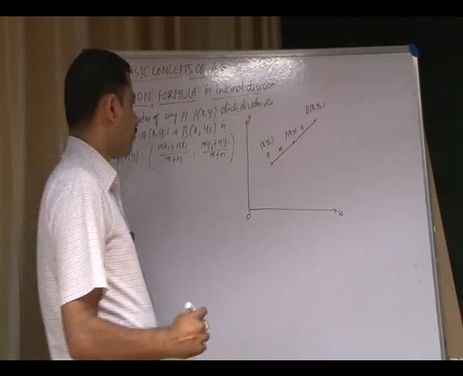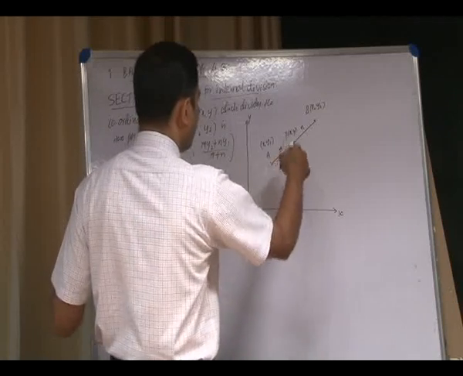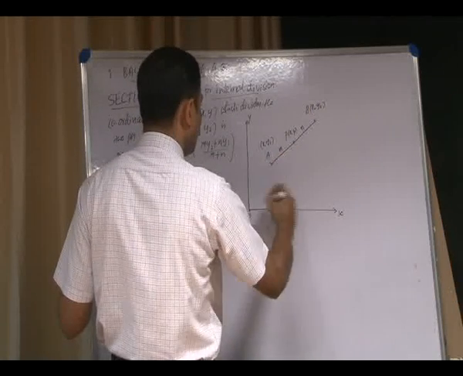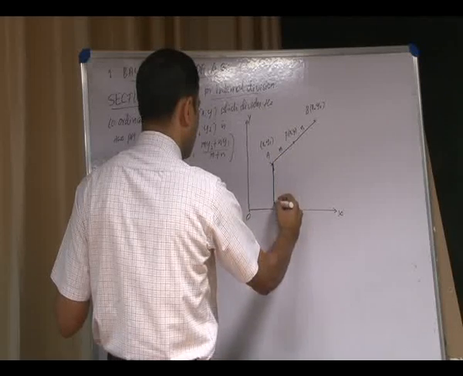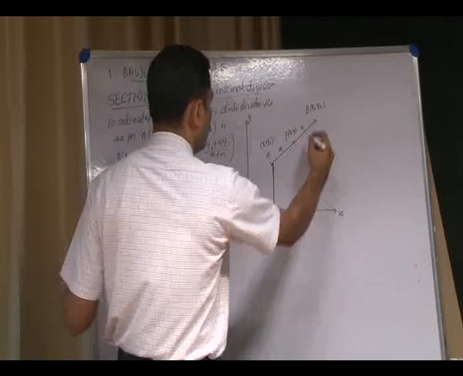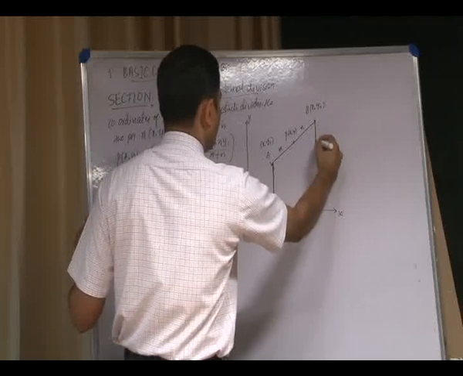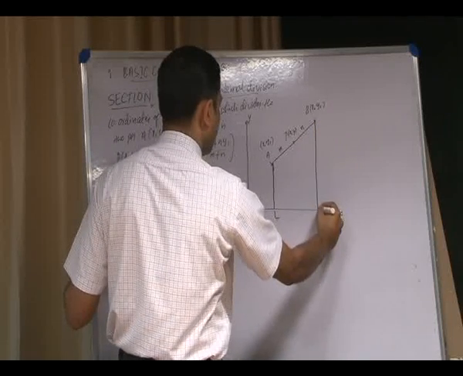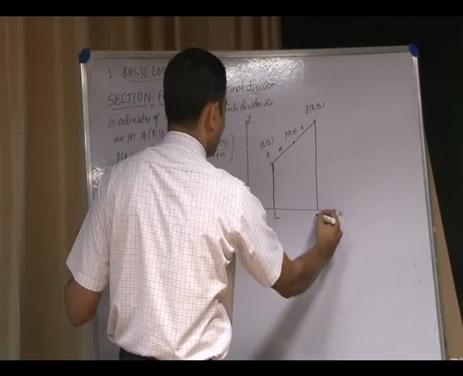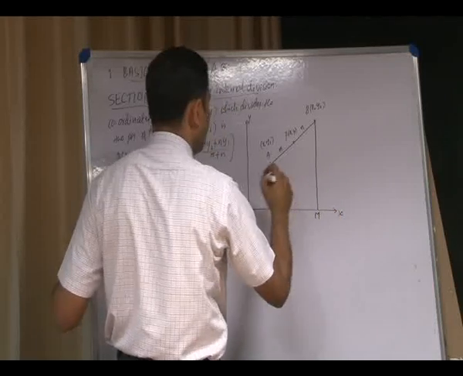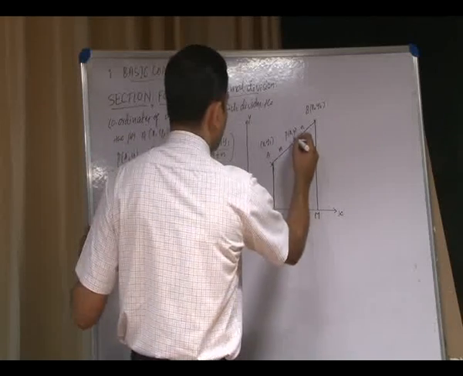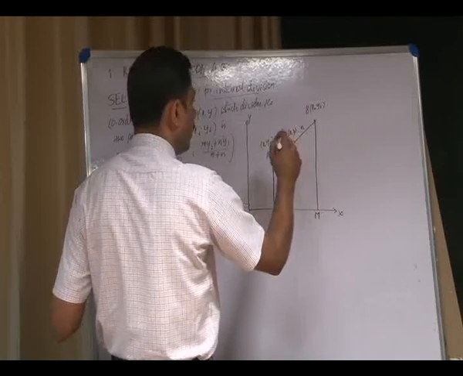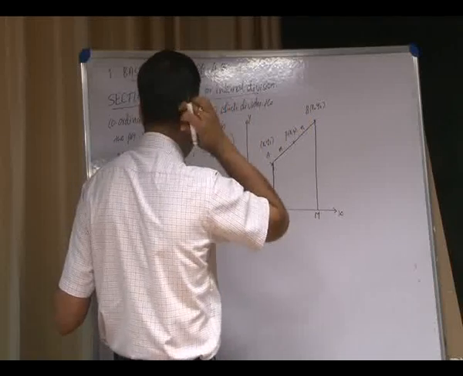For that I will draw two perpendiculars from these two points A and B to the x axis: AL and BM perpendicular to OX. Let P be any point on the line which divides the line AB internally in the ratio m is to n.